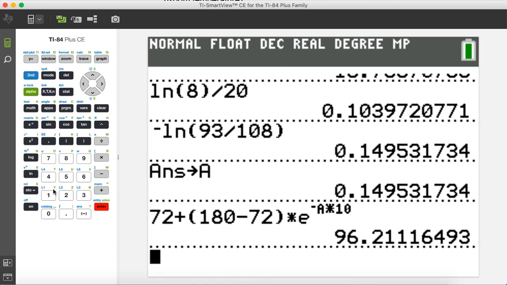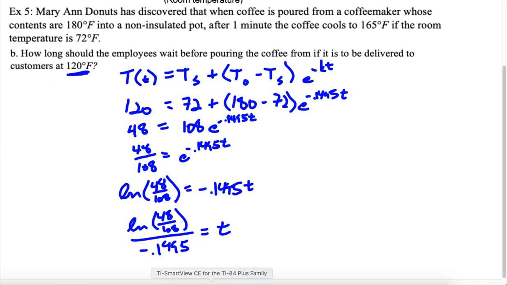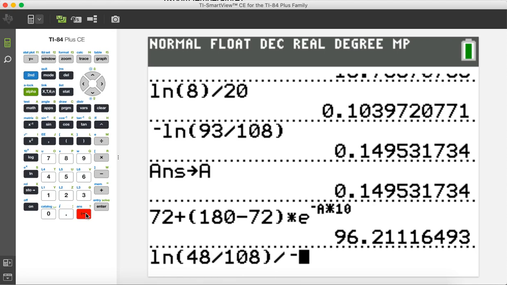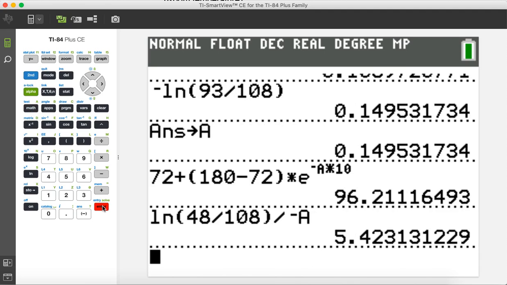So natural log of 48 divided by 108, divided by my negative k value, which we stored in the calculator as A. So I can just say divided by negative A. And that tells me that the coffee will be 120 degrees after 5.423 minutes.